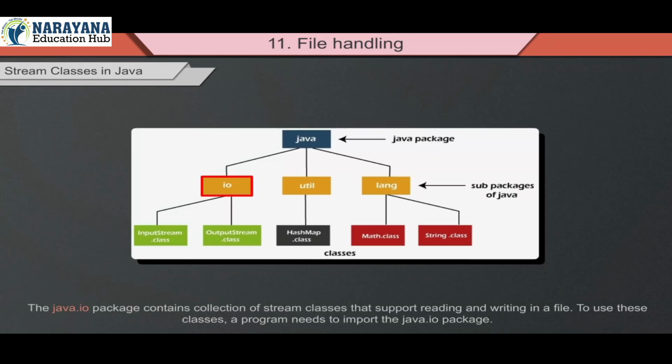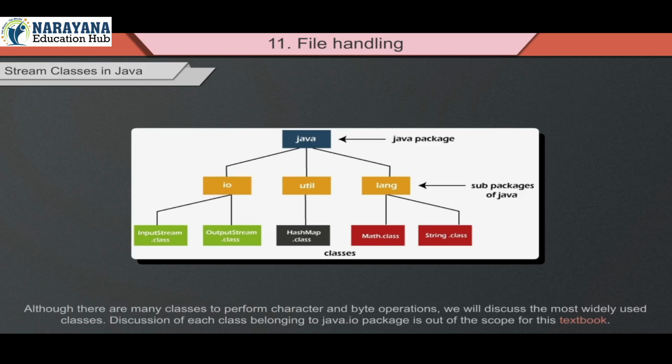The java.io package contains a collection of stream classes that support reading and writing in a file. To use these classes, a program needs to import the java.io package. Although there are many classes to perform character and byte operations, we will discuss the most widely used classes. Discussion of each class belonging to the java.io package is out of the scope for this textbook.